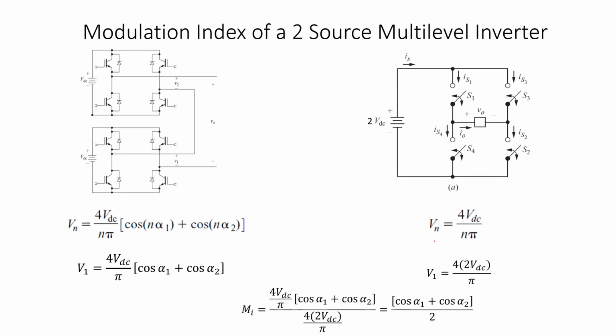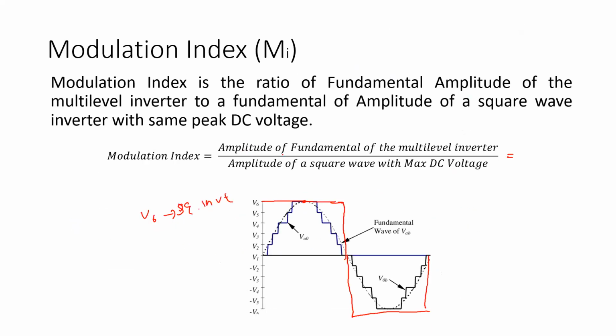Let's calculate the modulation index of a two-source multi-level inverter, or two H bridges. As I explained earlier, it is the amplitude of the fundamental of the multi-level inverter over the amplitude of a square wave with max DC voltage, so max DC voltage V6.